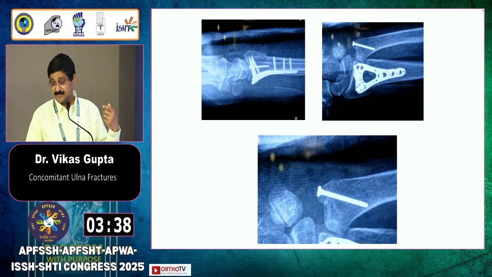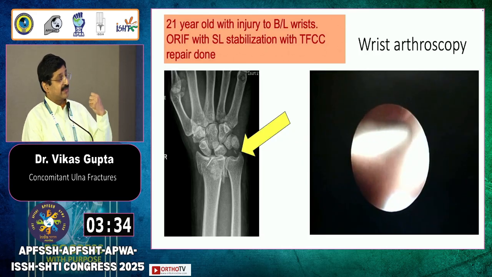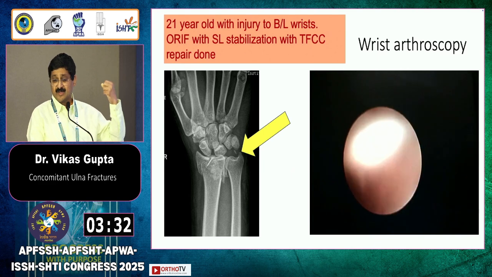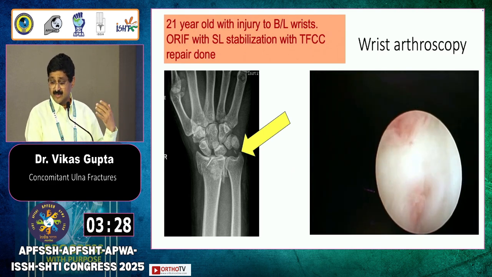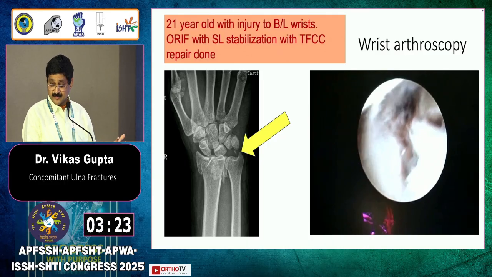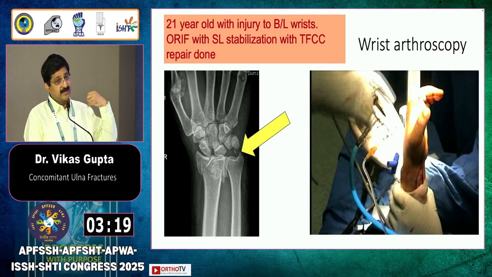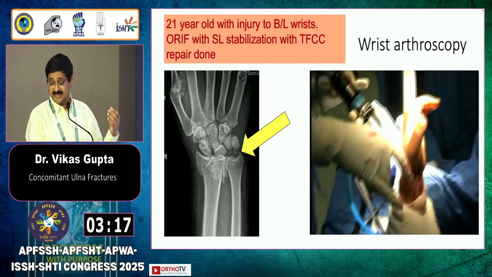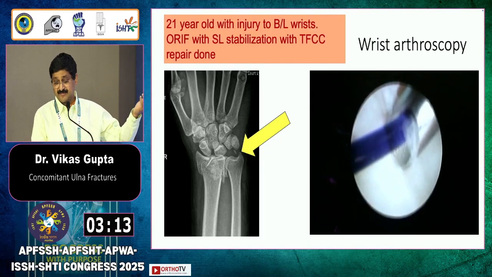When we started doing arthroscopy, we could find that a fracture like this is a very small fracture. When you're doing arthroscopic assisted fixation, you fix the fracture, then you can see the TFCC. The TFCC is also injured. Instead of fracture fixation only, you can just do an inside-out fixation at the same time. You can see the plate has been applied, TFCC repaired.